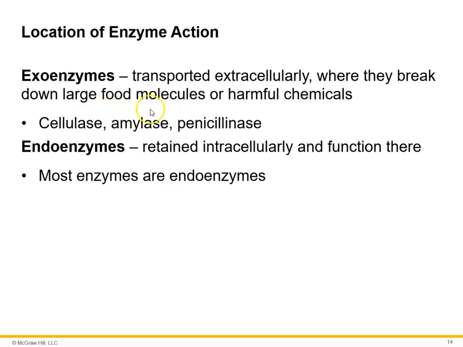And these all make sense, right? Because cellulose, starch, and penicillin are all going to be outside of the microorganism. They're going to be extracellular to the microorganism. So these enzymes are going to be active outside of the cell. Endoenzymes are honestly most enzymes, and they're going to be involved in the functioning of the cell itself.